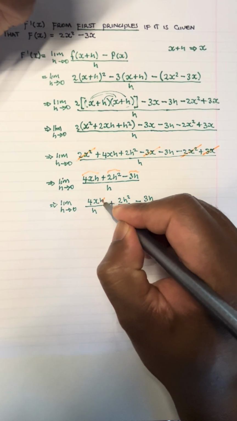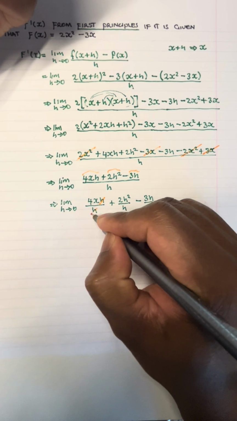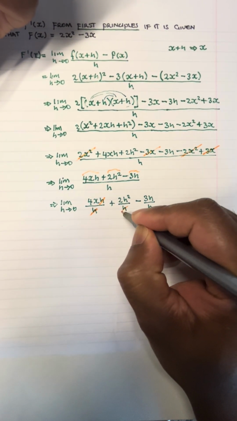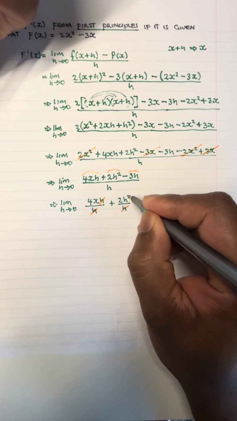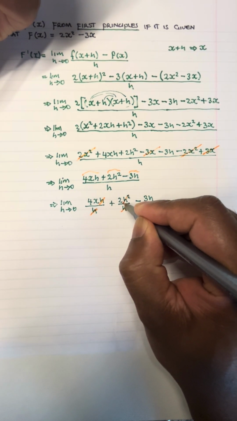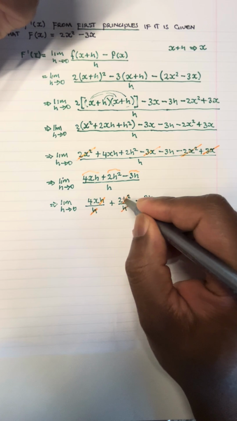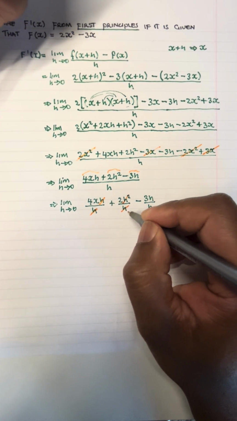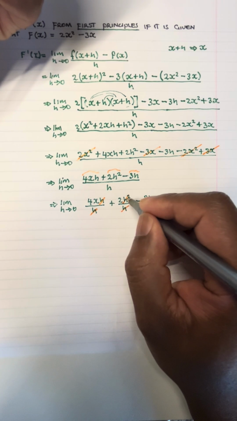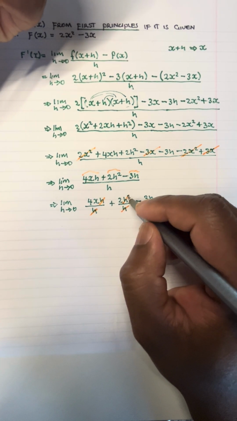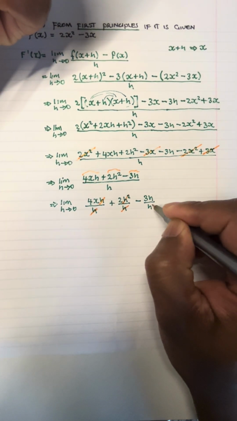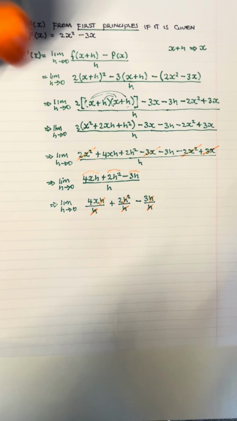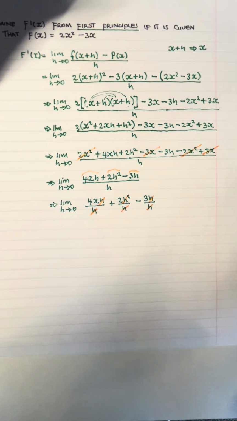So h here will cancel h here. And then this h over here will cancel only one of the h's over here. Remember, it's not because it's 2h squared, it's because it's h squared. So our answer now will look something like this.